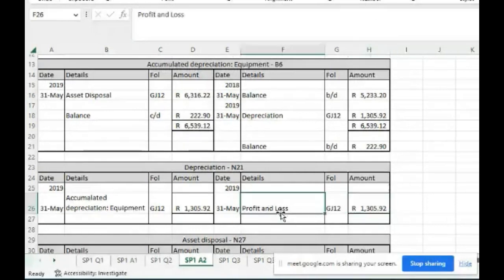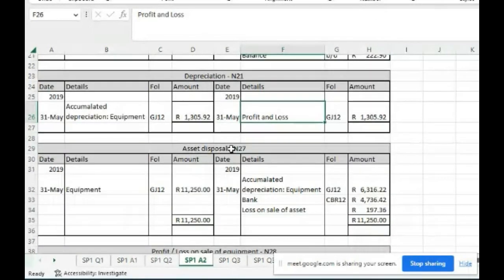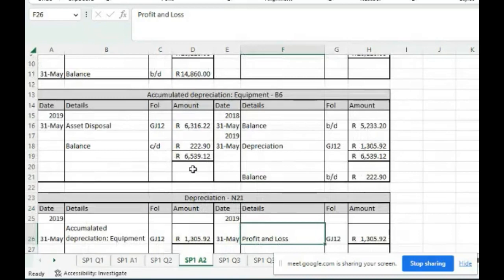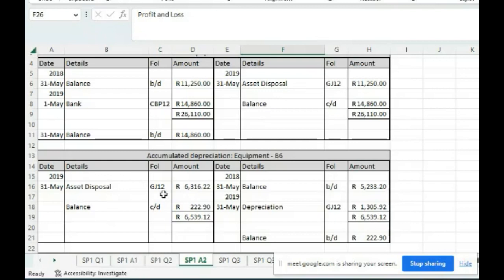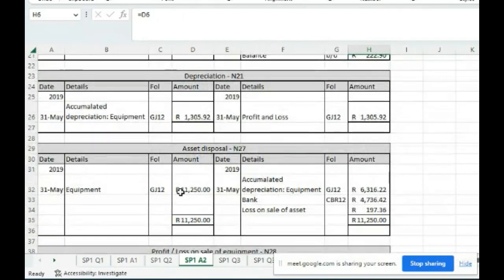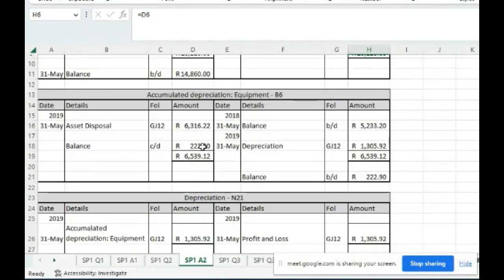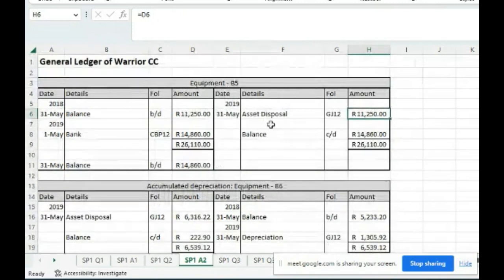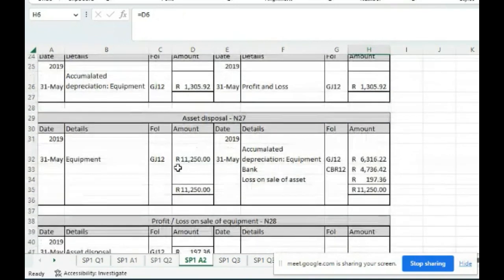Okay, I see. Now we go to the asset disposal, much the same here. Under accumulated depreciation, we had asset disposal here, and we had asset disposal there. So now we have to do something with this asset disposal. In our equipment account, we had the 11,250, so we do the counter entry there, referencing back to that equipment ledger for 11,250.